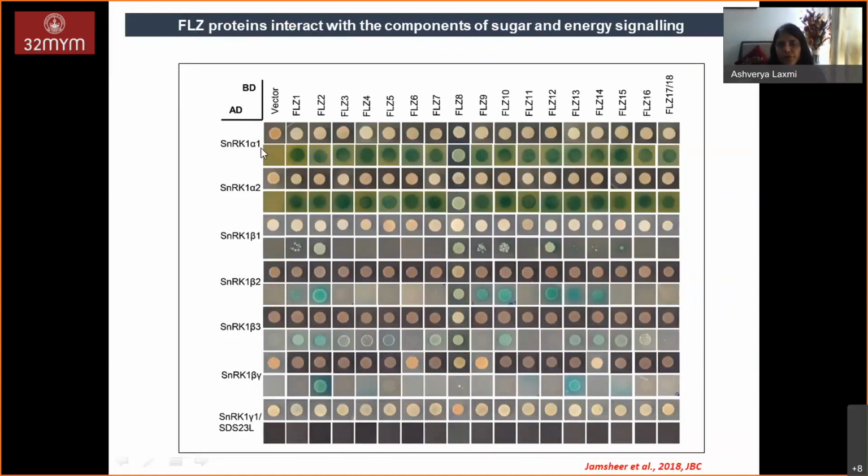SnRK1, I told you, is the enzyme which can perceive energy status, and it is induced whenever the plant faces starvation or is challenged with environmental conditions which are not conducive. And to our surprise, all the FLJs would interact with the alpha subunits, and some of the FLJs could also interact with the beta as well as the beta gamma subunits.